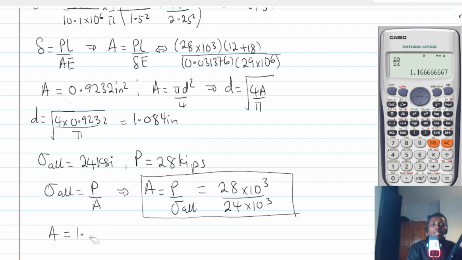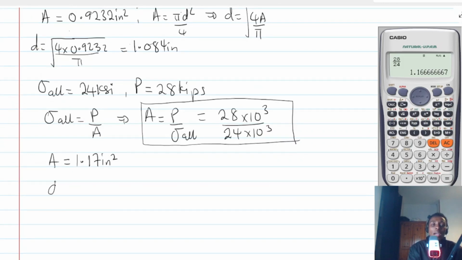So 1.17 inch squared, and then taking the diameter to be the square root of 4A over pi, we get 4 multiplied by 1.17 divided by pi.